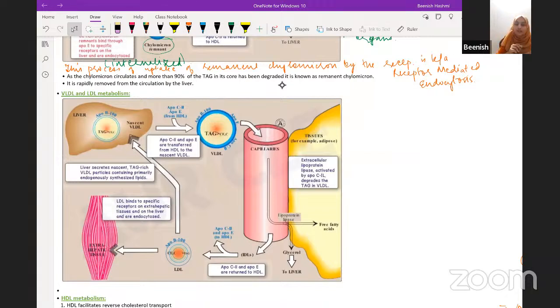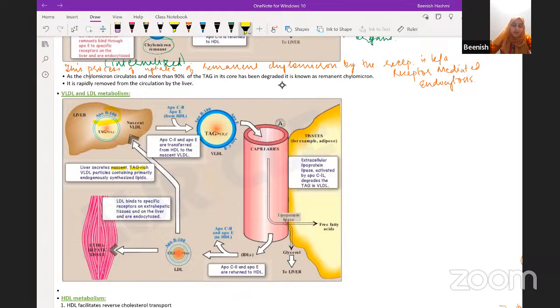Your VLDL is being secreted by the liver. So your liver is again going to secrete nascent VLDL, and this nascent VLDL is rich in TAG, but this TAG is endogenous TAG, and it only has ApoB100 as the apolipoprotein present.